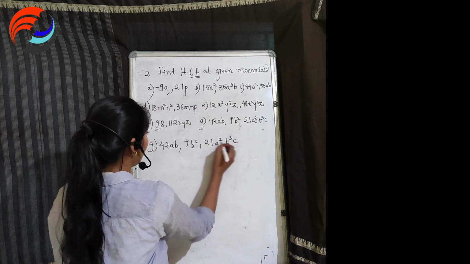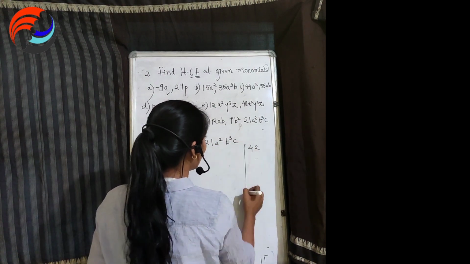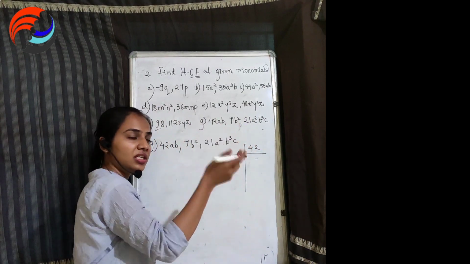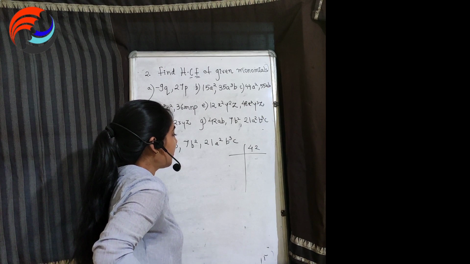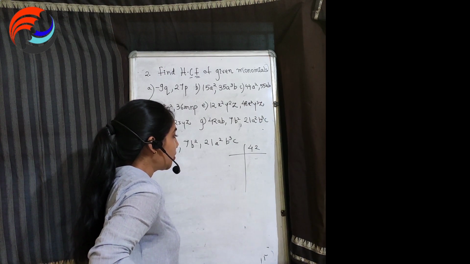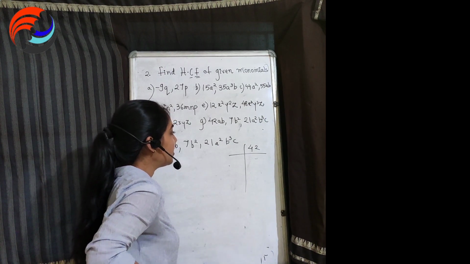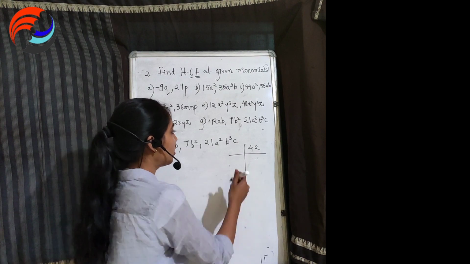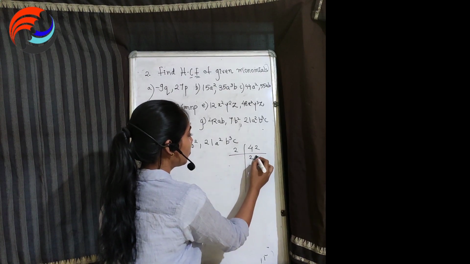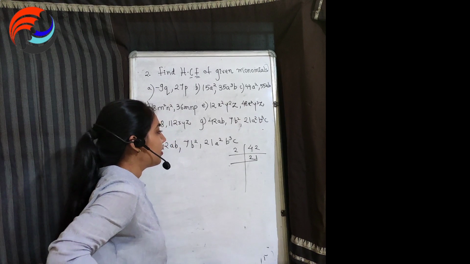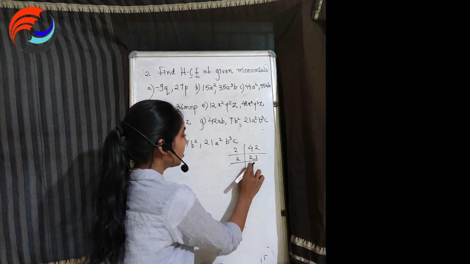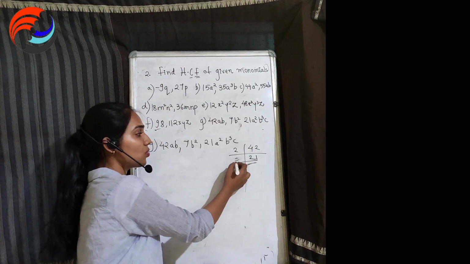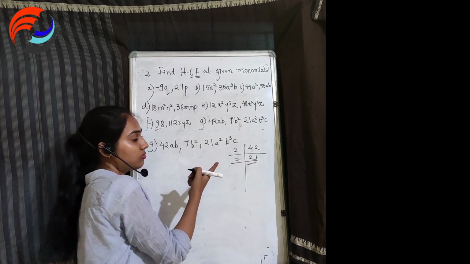Now 42AB, 7B square, 21A square B cube C. So 42: 2 is in unit place, so we can divide this by 2. 2 twos are 4, 2 ones are 2. Then we can't divide 21 by 2, so take 3.